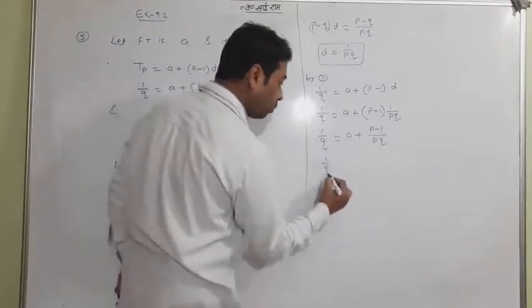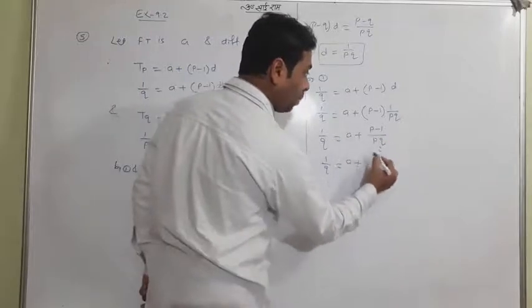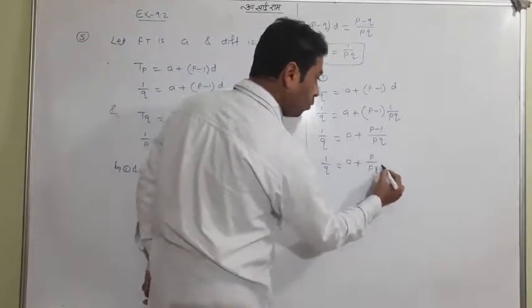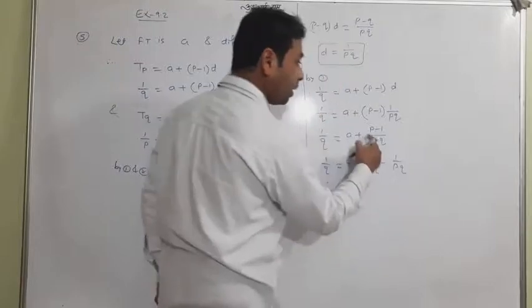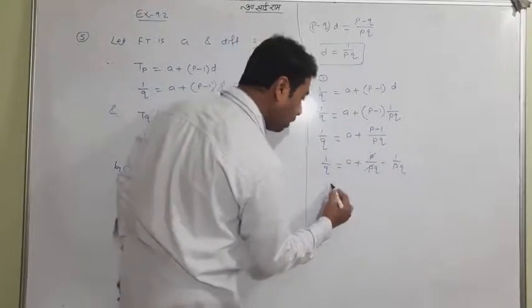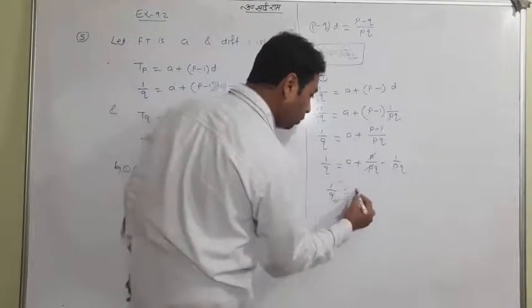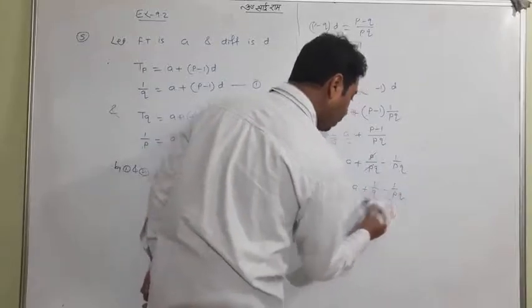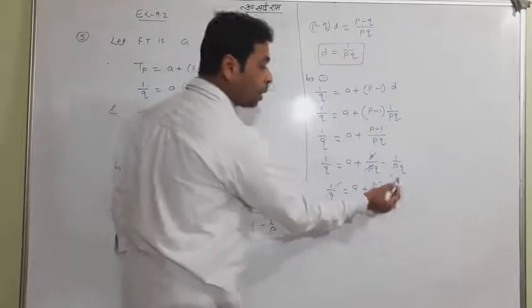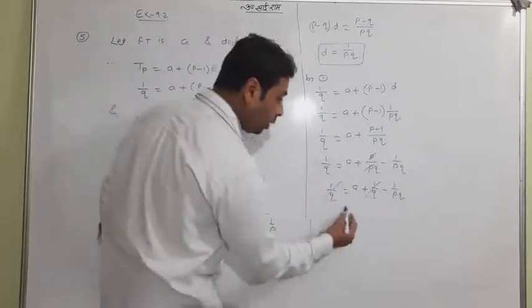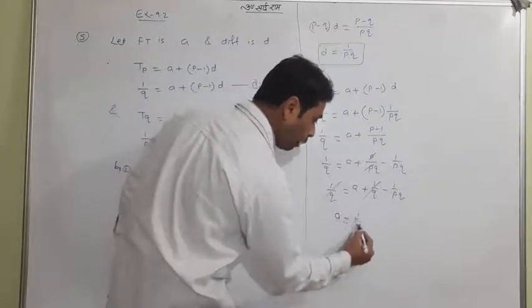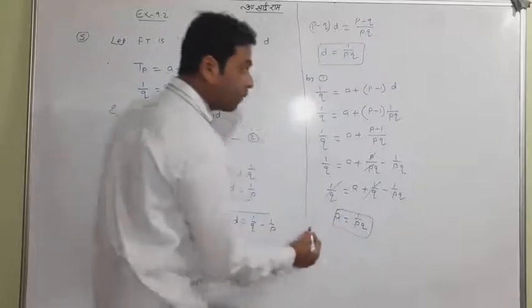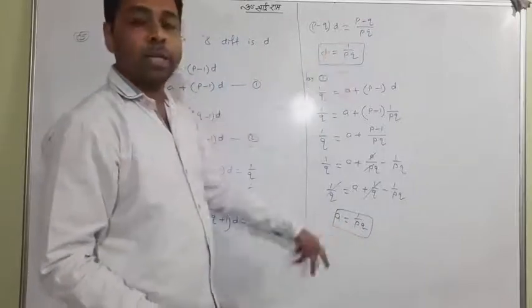Now I separate the terms: p upon pq and 1 upon pq. P and p cancel, so 1 upon q is equal to a plus 1 by q minus 1 by pq. 1 by q and 1 by q cancel. Transferring minus 1 by pq, it becomes plus, meaning 1 upon pq, you have got the value of a, the same as d. So a and d have the same value.